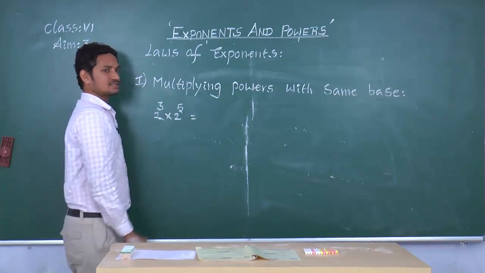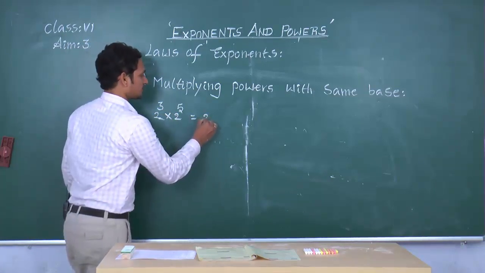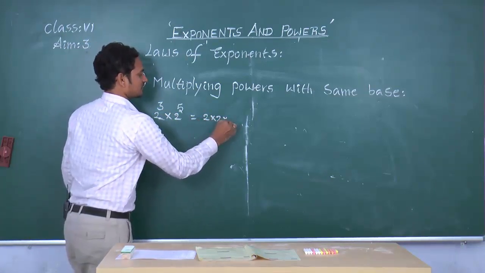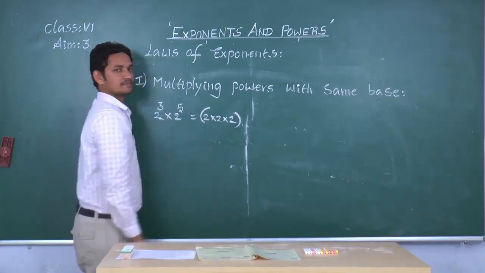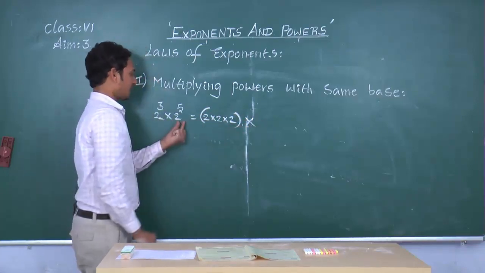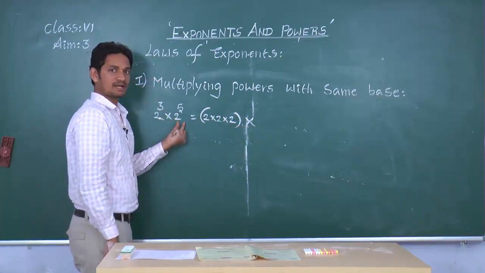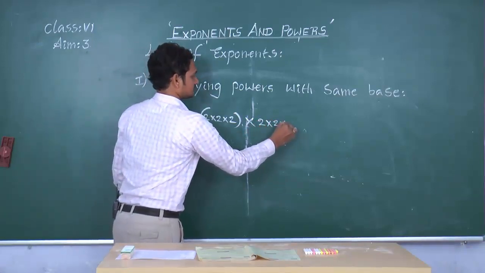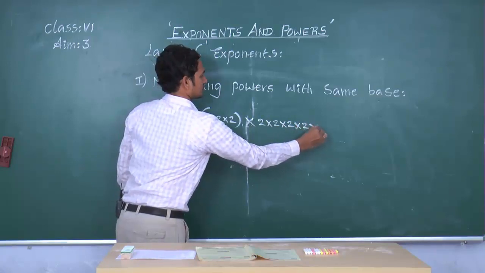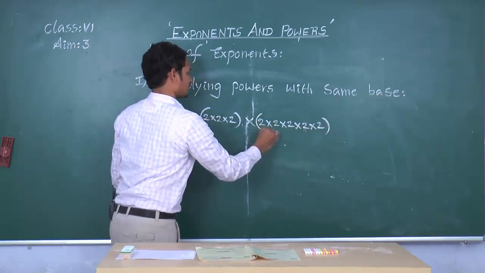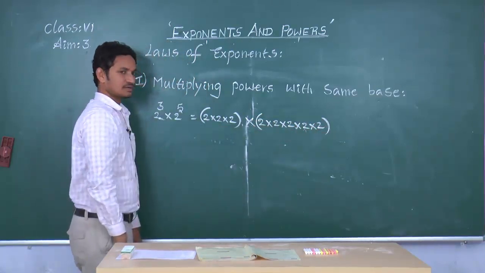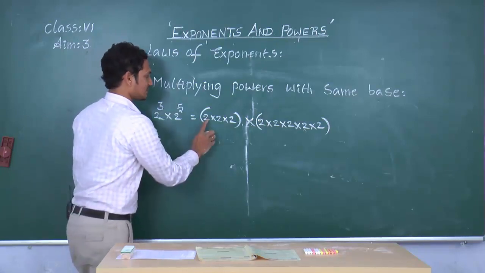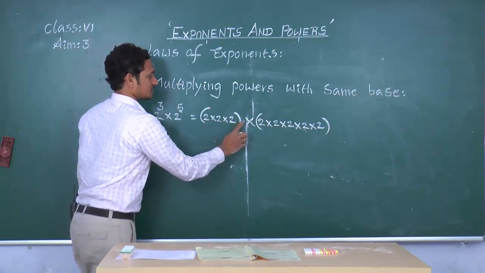2 power 3 means in product form we can multiply 2 with itself 3 times. Again 2 power 5 means 2 is multiplied by itself 5 times. By observing the entire product, 2 is multiplied by itself how many times?